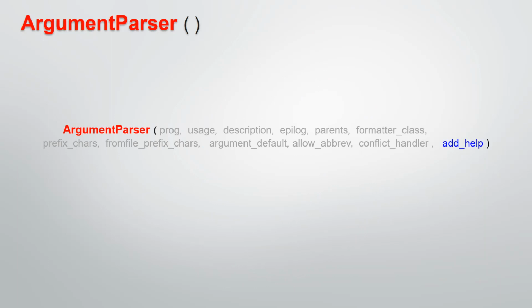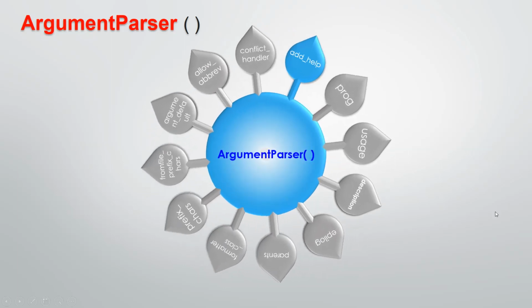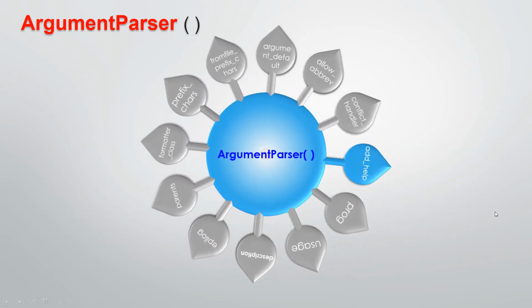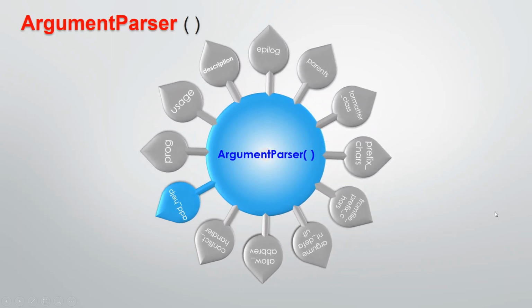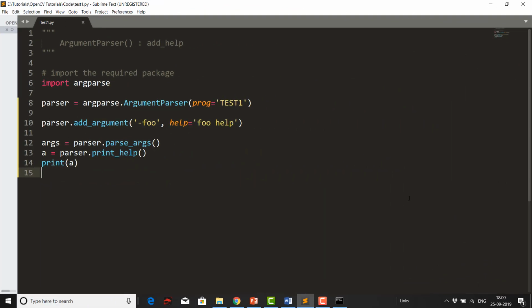add_help. It adds a -h/--help option to the parser. The default is True. By default, ArgumentParser objects add an option which simply displays the parser's help message. For example, consider a file named test1.py containing the following code.